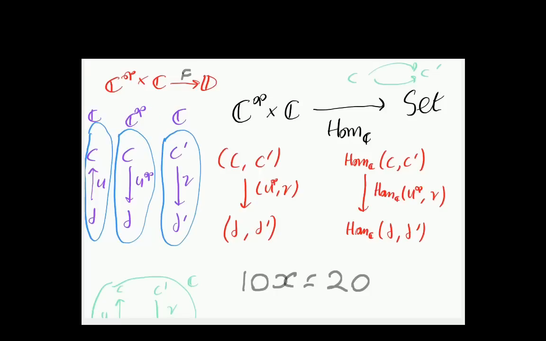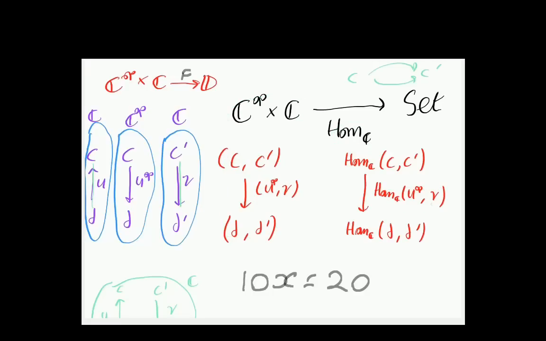And so, when we take this arrow U in the wrong direction and this arrow V in the right direction, well, U lives in C, but then U op goes downwards. And then when we pair these things together, we get this arrow here, which is an arrow of this category. And then when we apply the hom functor, we get this function here. So how does this work?